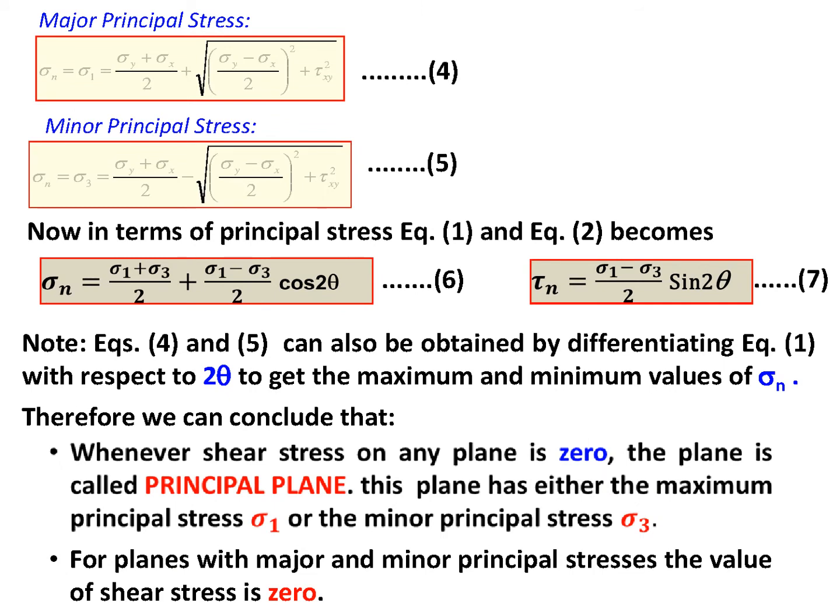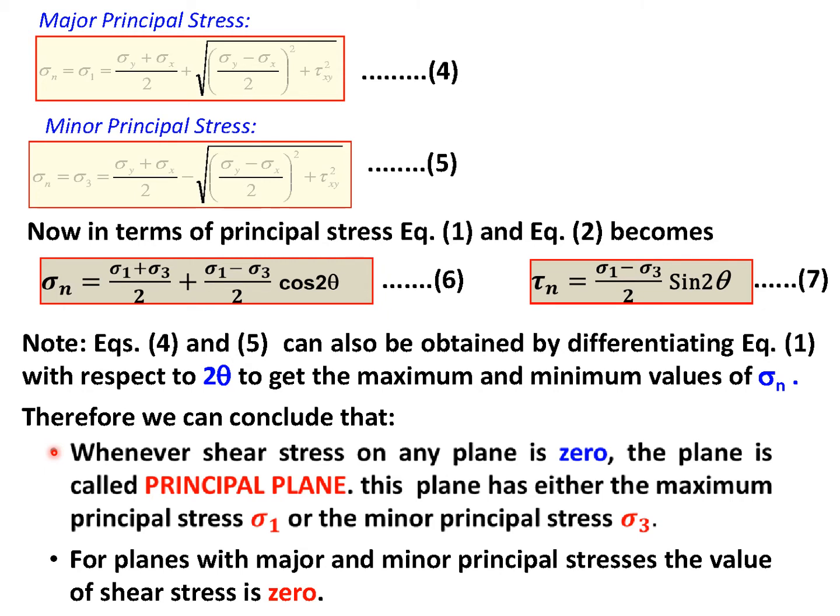So you can see here the equation for sigma n and tau n, the normal stress and the shear stress acting on an inclined plane which is making an angle of theta. There are two important points which are written over here, and I would like to discuss those points.